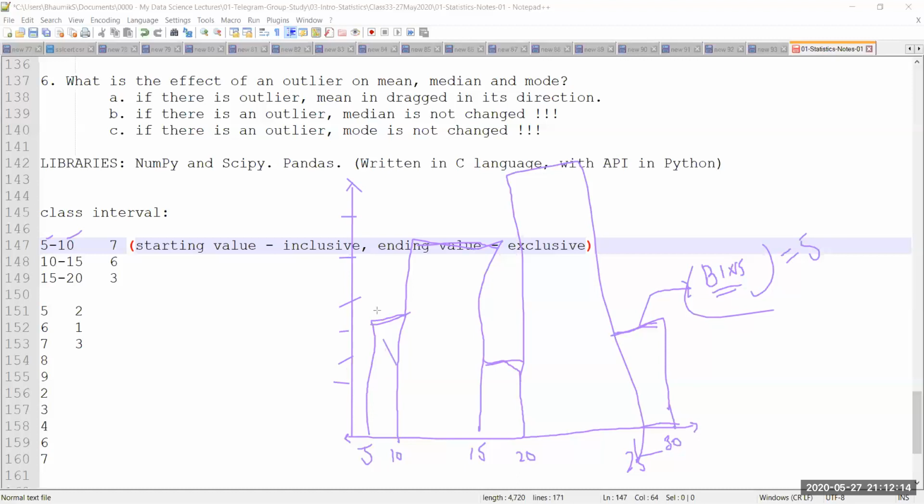If there are 7, then this value represents a 7 over here. Just a hypothetical example. Now it gives you a very consolidated kind of output, and you can clearly say from the diagram itself that most houses are within the range of 20 to 25. This is how I can visually summarize my data.